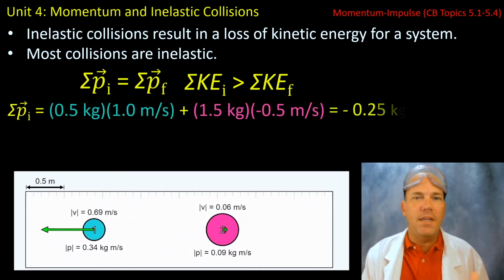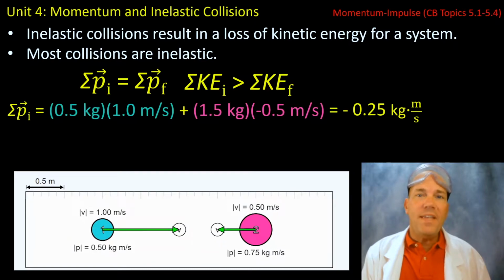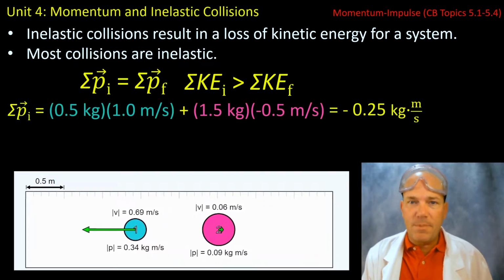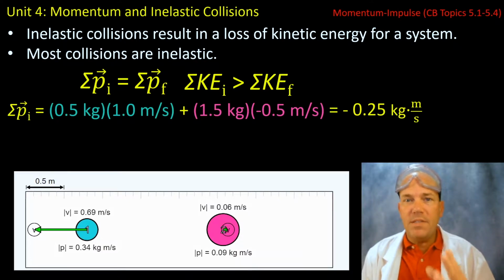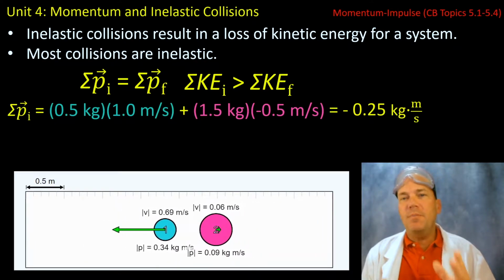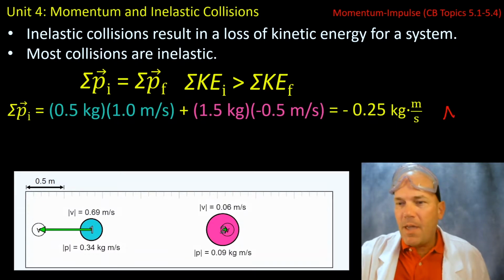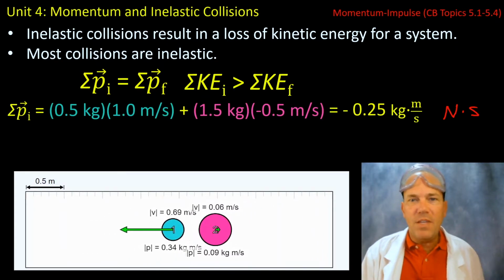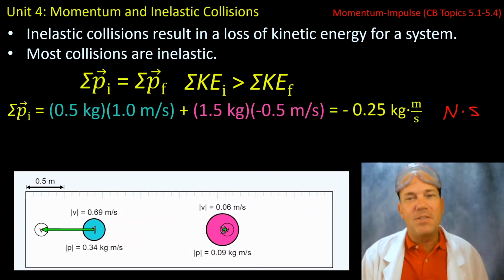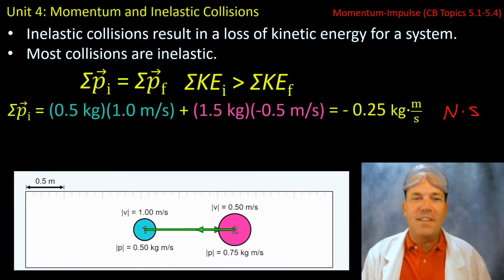So when we plug in these values, we get that the initial momentum for this two-object system is negative 0.25 kilograms times meters per second. Recall that this is the same as saying a newton second. So I'm interchanging my units because I want my students to be aware of both. They are both perfectly acceptable.